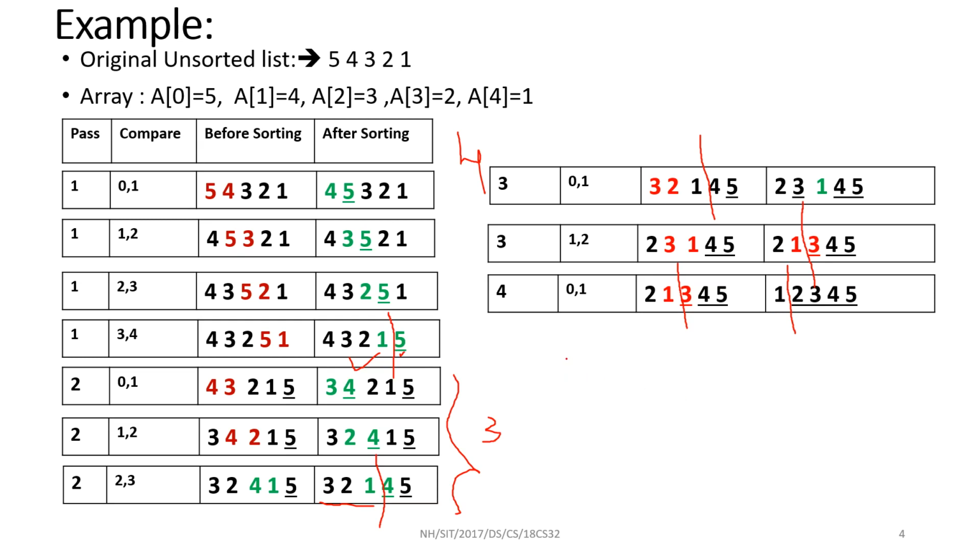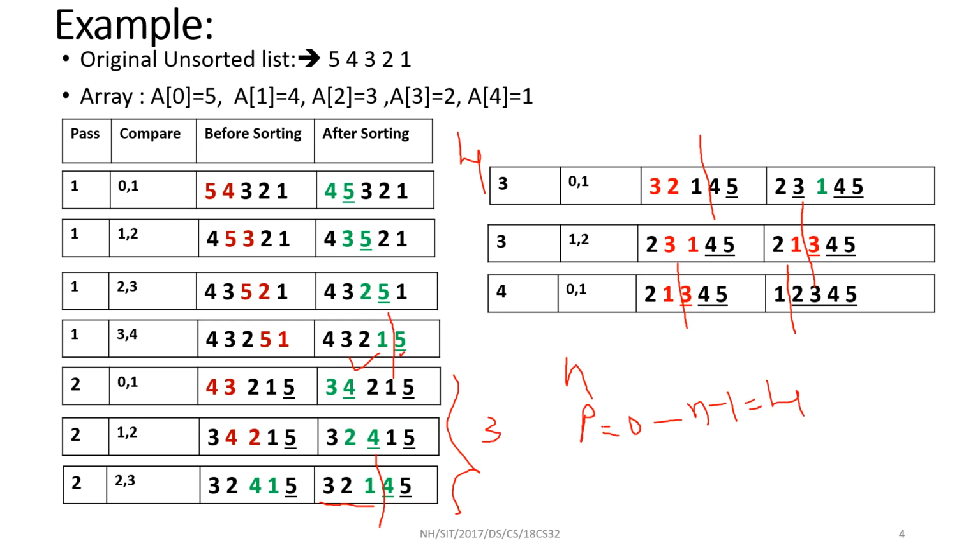So the relationship here is: if there are n elements, the number of passes, that is the outer loop, should be set to 4 times. Why 4? n minus 1 times, that is a pass. You have to repeat it 0 to n minus 1 times. So in this case, there are 4 passes.